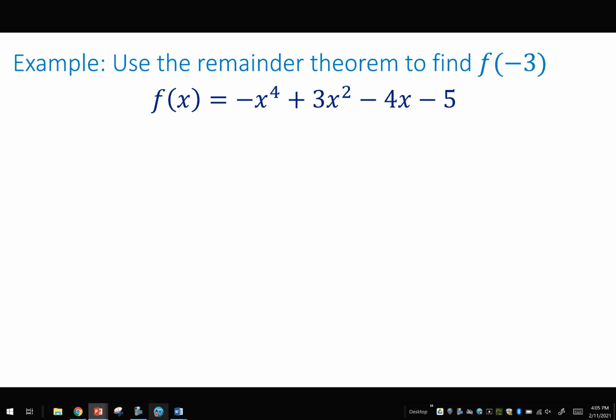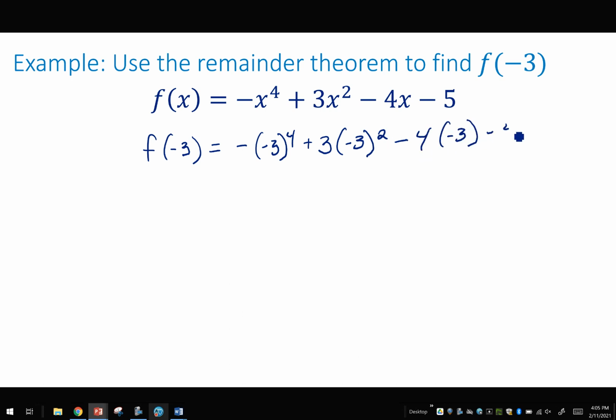Okay, so how does that play out? Use the remainder theorem to find f of negative 3. So f of negative 3 would simply be negative 3 raised to the fourth power plus 3 times negative 3 squared minus 4 times negative 3 minus 5.